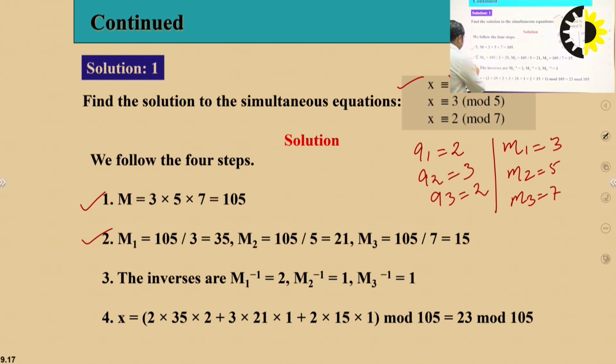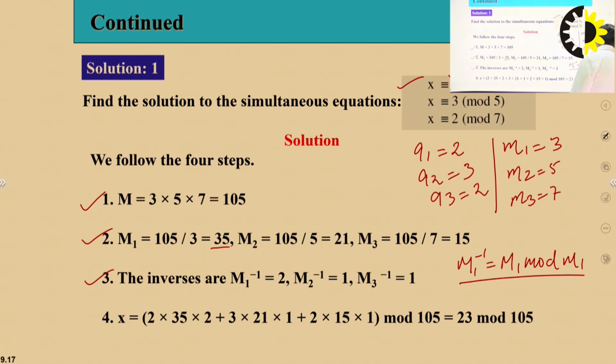Now in the third section, M1 inverse can be calculated by using the value of M1 and m1. Here the value 35 is given for M1, and m1 equals 3. So M1 inverse equals M1 mod m1.